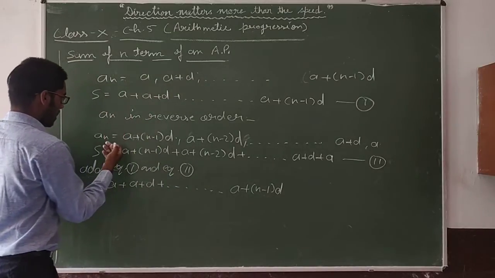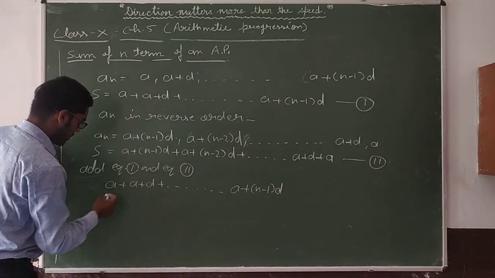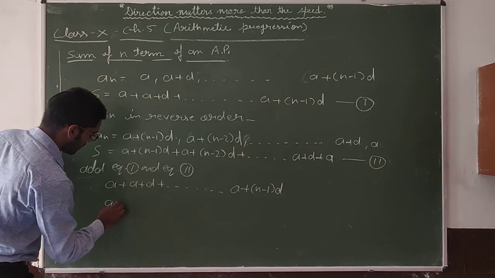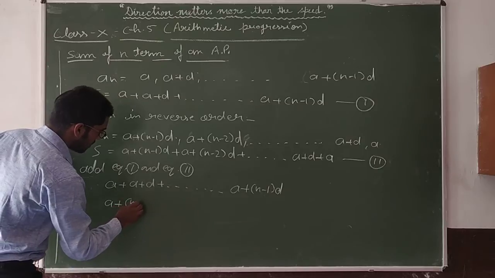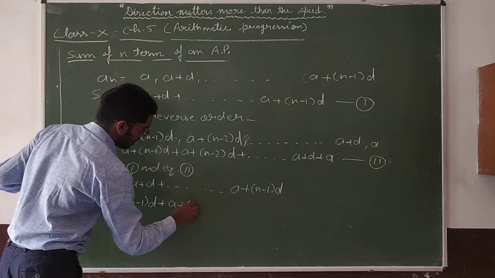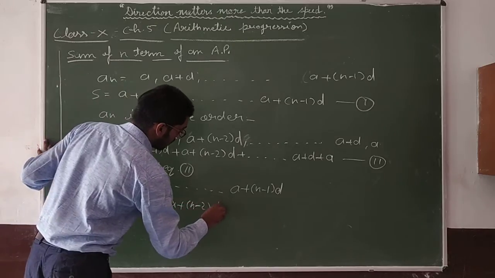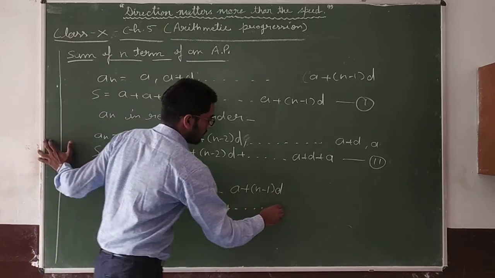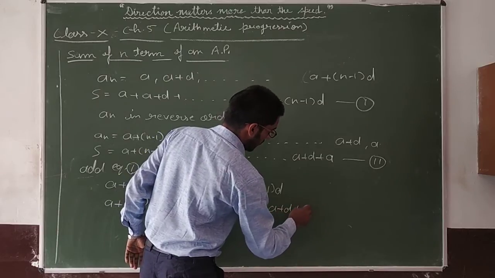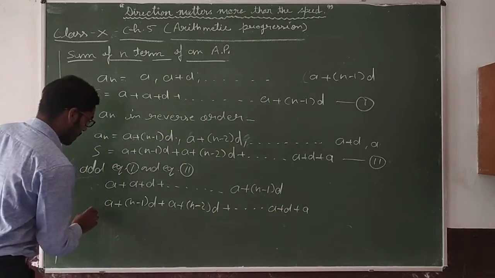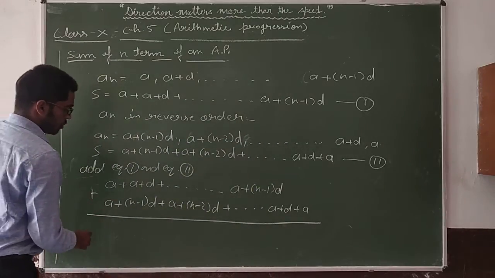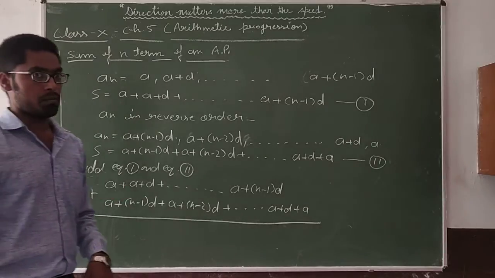And here write the second equation: S = (a + (n - 1)d) + (a + (n - 2)d) + ... + (a + d) + a. Add them term by term.